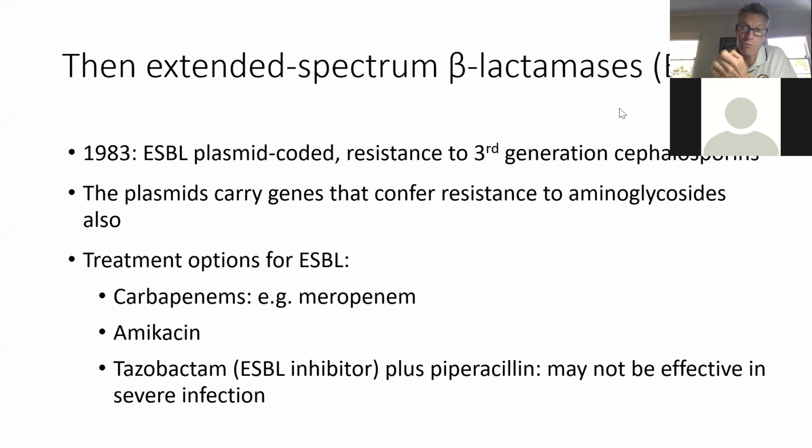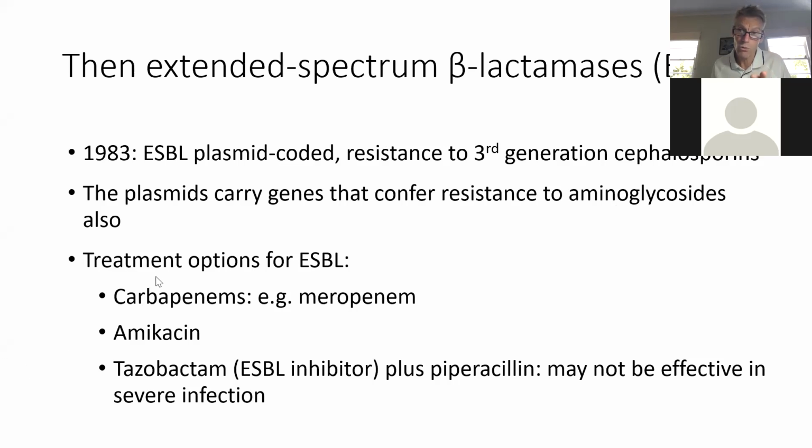These create resistance to third-generation cephalosporins like ceftriaxone, cefotaxime, ceftazidime, and they sometimes also carry resistance to aminoglycosides. They are not very common, but in most hospitals there will be some ESBL producing bacteria.